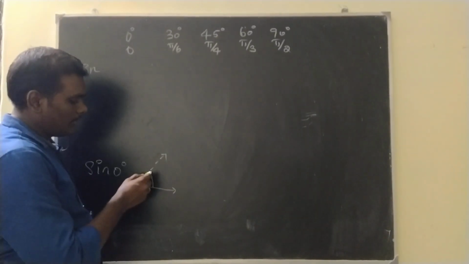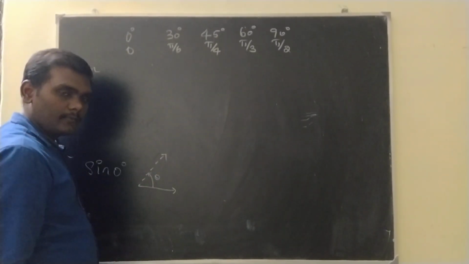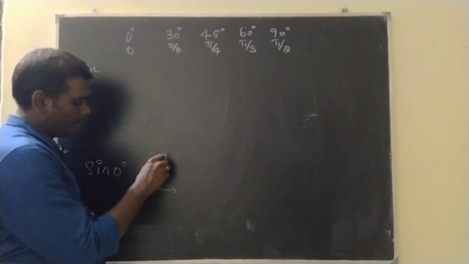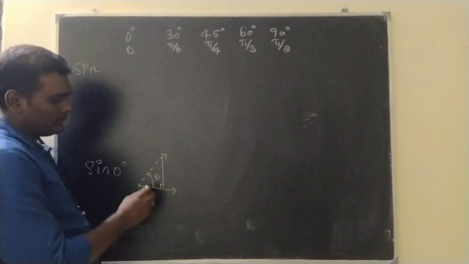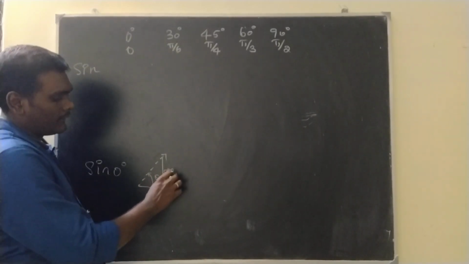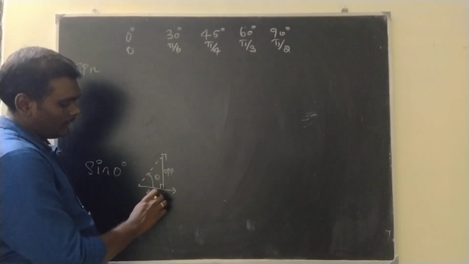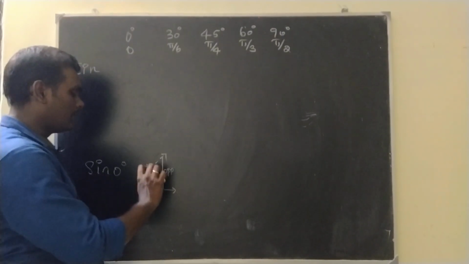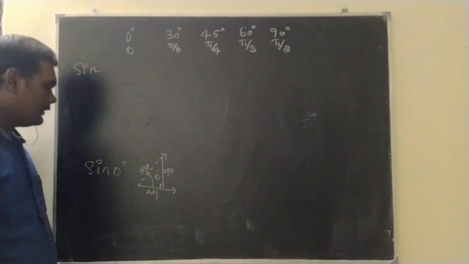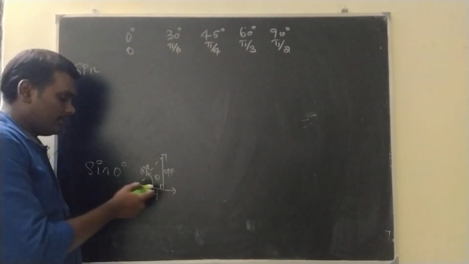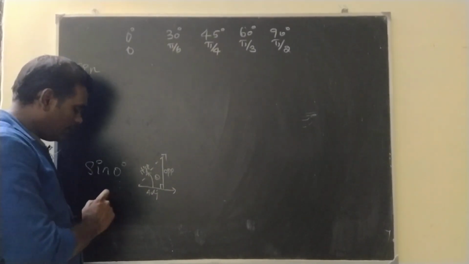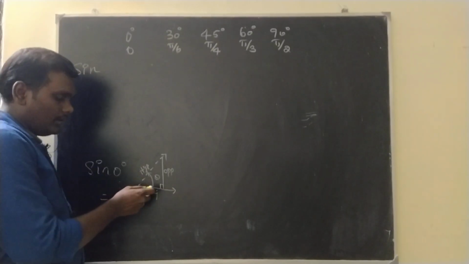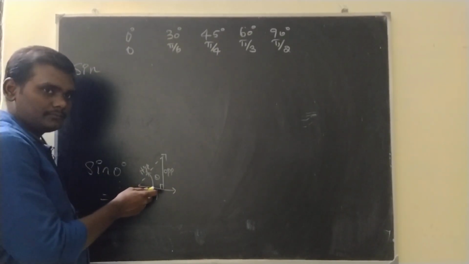See, this is the angle measurement I said, theta. If you draw one line, we can make this right angle triangle, and this side is the opposite side, this is the adjacent side, and this one over here is the hypotenuse. Now sine 0 degree: our theta value is 0 degree. When will that be 0 degree? If there is no rotation.